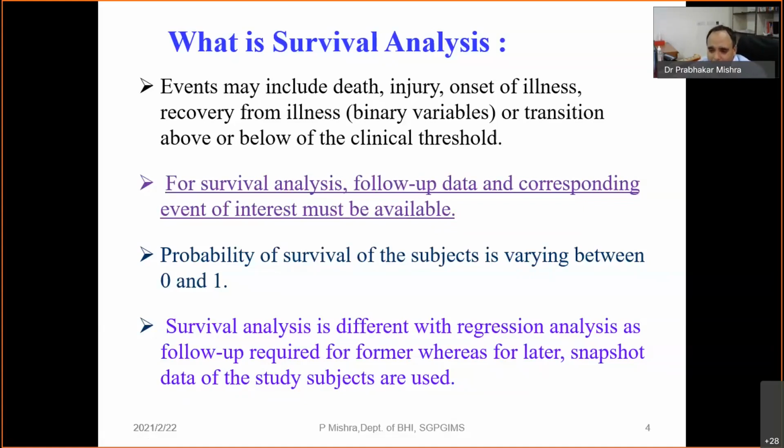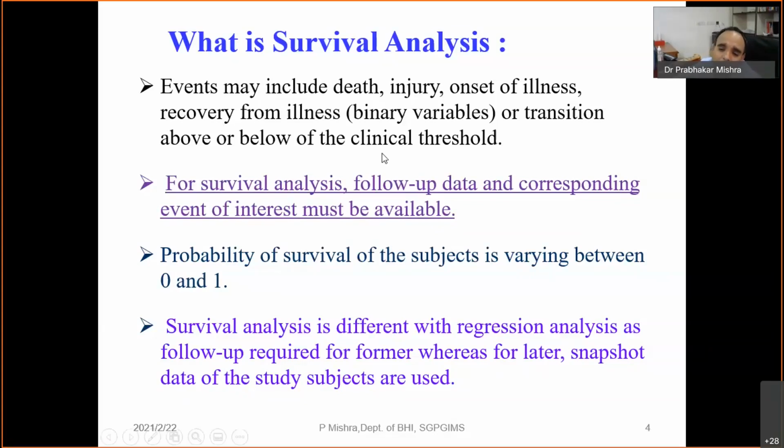So it means we start the follow-up to look for the particular event or condition. Recovery from illness means after we start the treatment, we calculate the time after which this person will recover from a particular disease or illness.